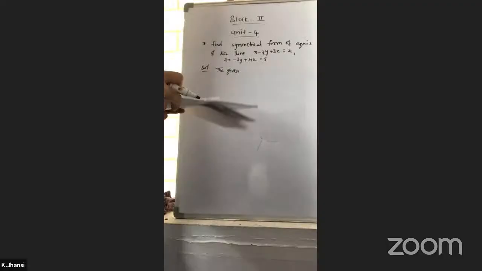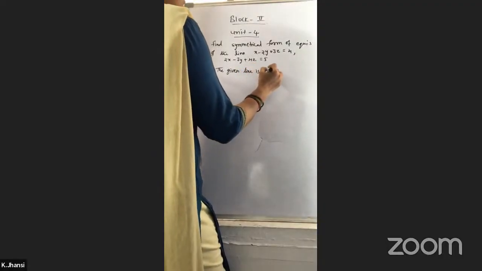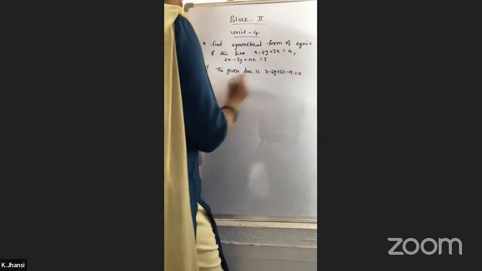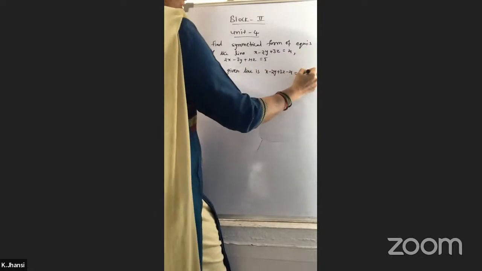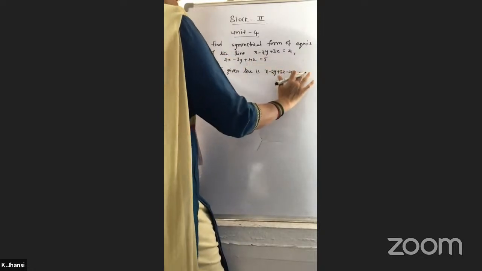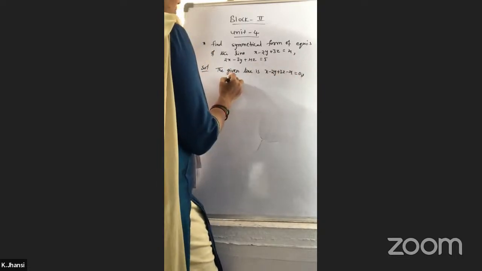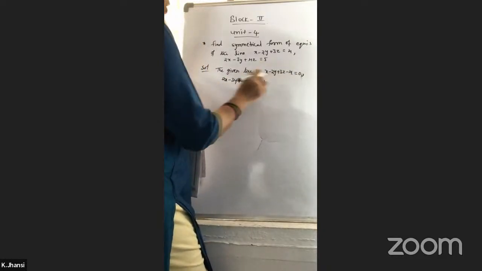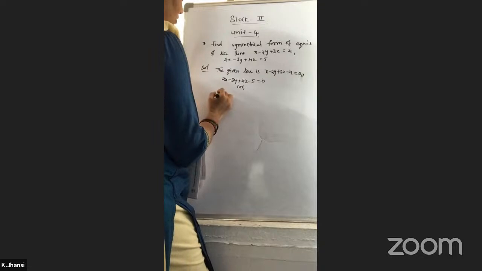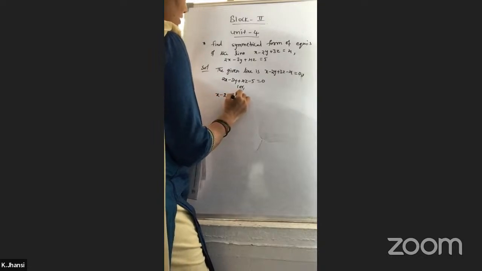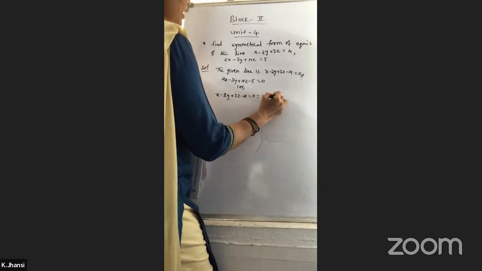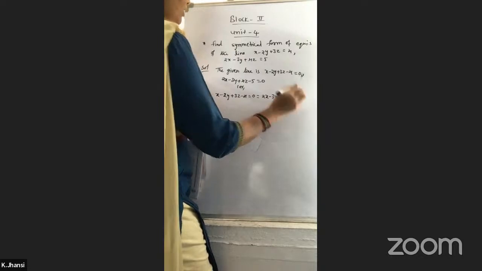See. The given line equation we can write as x minus 2y plus 3z minus 4 equals 0, and 2x minus 3y plus 4z minus 5 equals 0. Combining these two, or else we can write it like this also: x minus 2y plus 3z minus 4 equals 0 equals 2x minus 3y plus 4z minus 5.